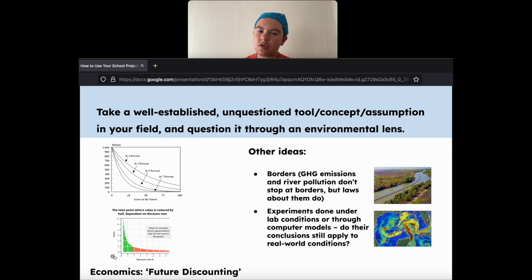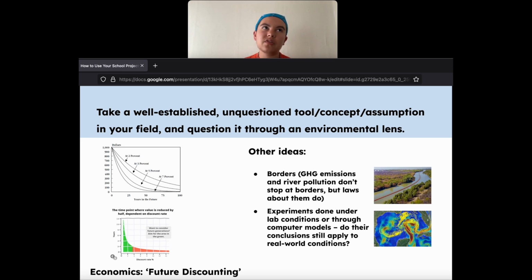Another thing that you could question is experiments done under lab conditions or through computer models. This can be the case with predictions of weather, especially far out into the future.